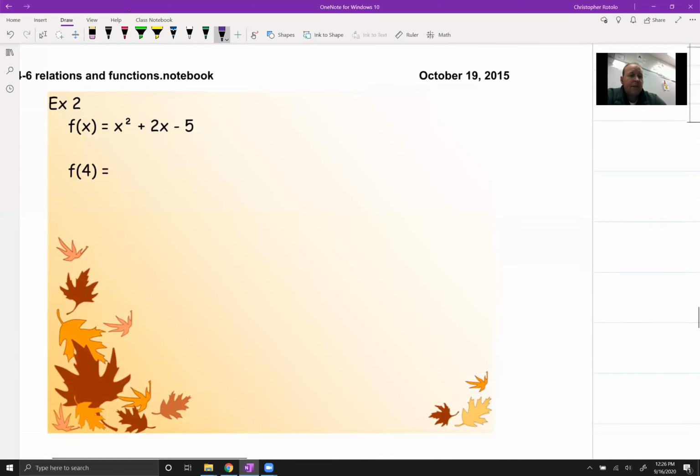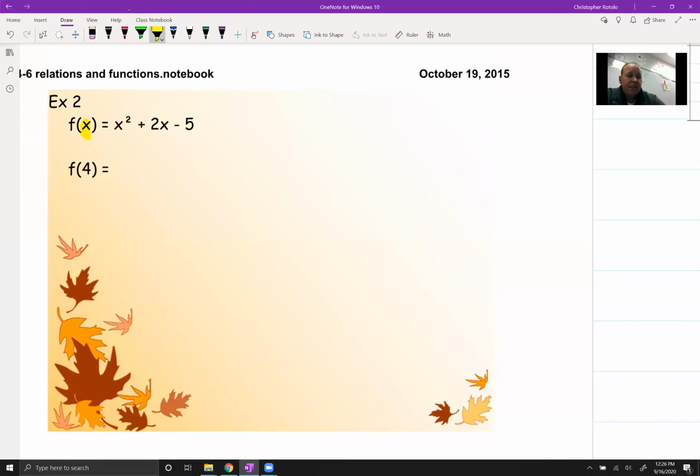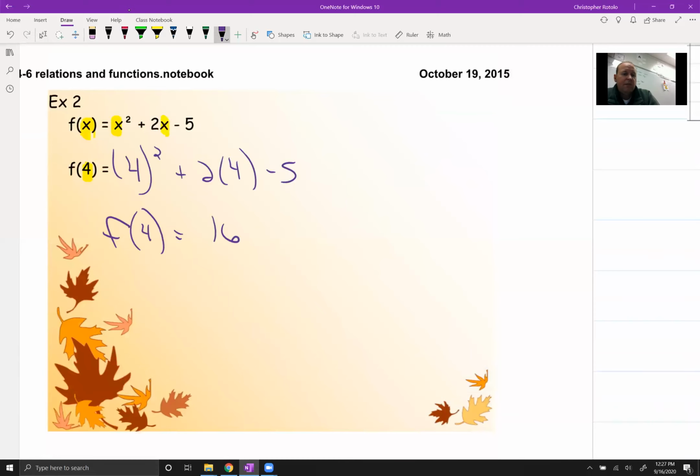All right, so if you have x needs to be replaced with 4, there are 2 places to put that 4. So now we need 4 squared plus 2 times 4 minus 5. So we just work through here. So f of 4, we get 16 from the 4 squared plus 8 minus 5. 16 plus 8, we're the whole way up to 24 minus 5 gives me 19.